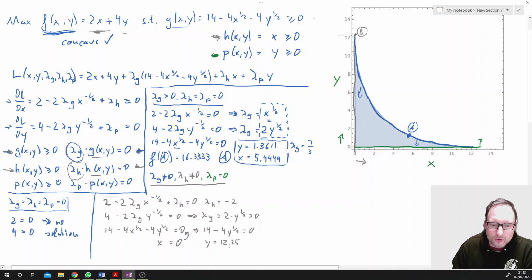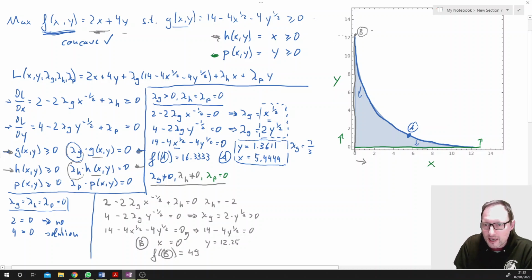Okay, so what we have here is the point x equals 0, y equals 12.25. That is point B. And what we also need is what the function value at point B is. If you plug x equals 0 and y equals 12.25 in here, you get 4 times 12.25, so we are getting 49.